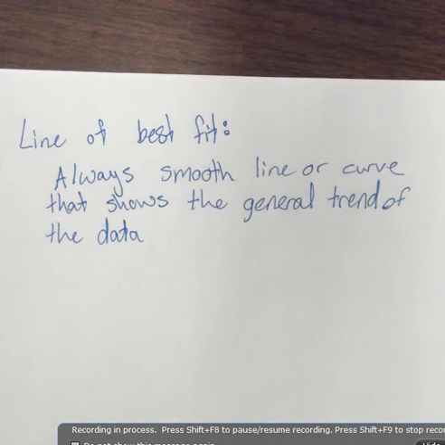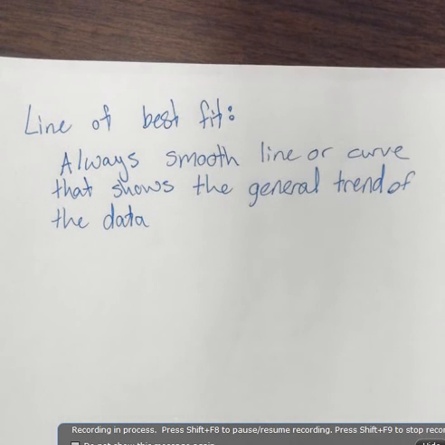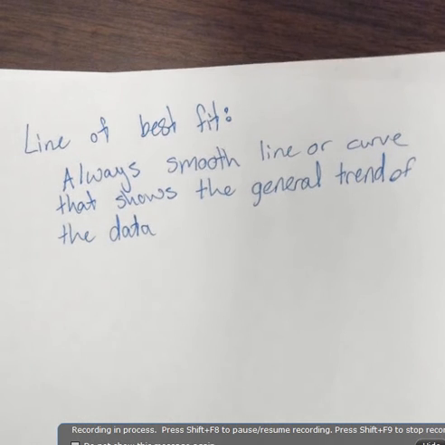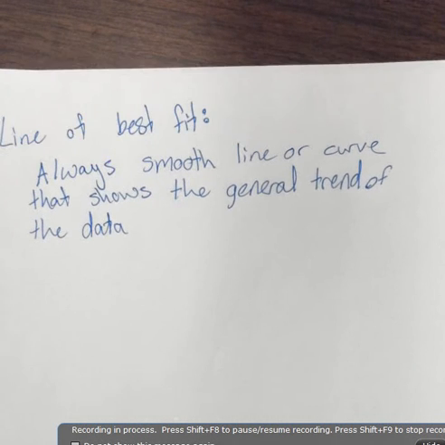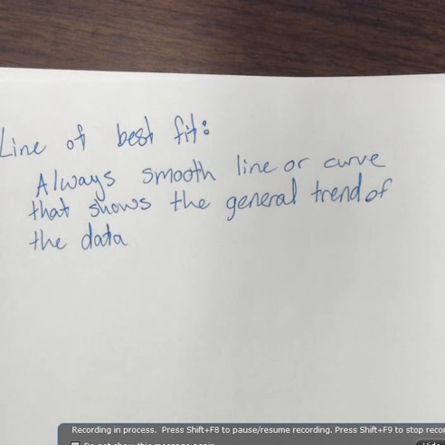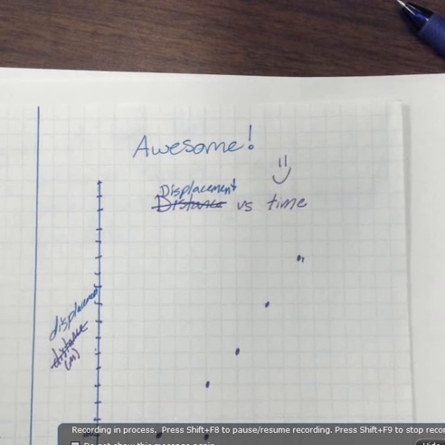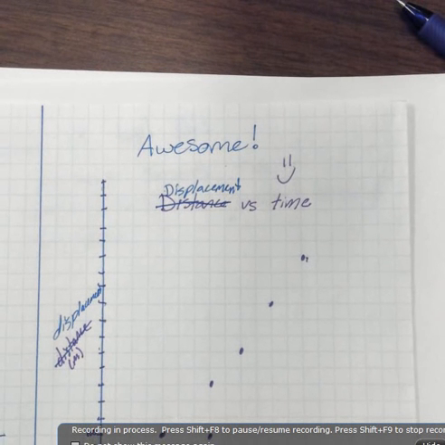All right. The next thing that you're going to do is add a line of best fit. And the line of best fit is always just a smooth line or curve that shows the general trend of the data. For the most part, when you're collecting real data in the real world with real human error and real instrument limits and real problems, your data isn't going to be perfect, but you have to decide what the general trend was and the relationship between your data and the general trend.